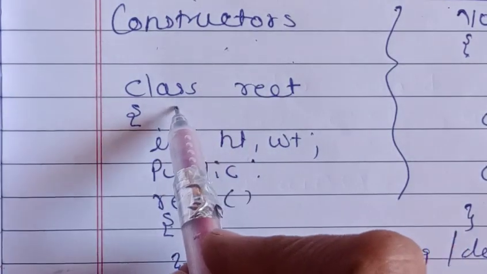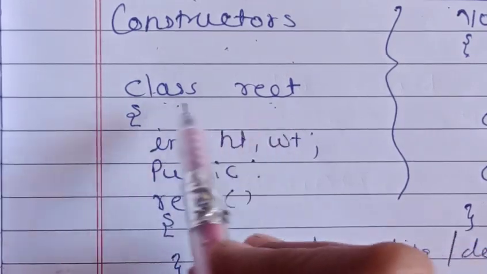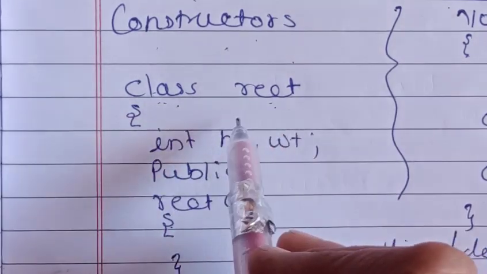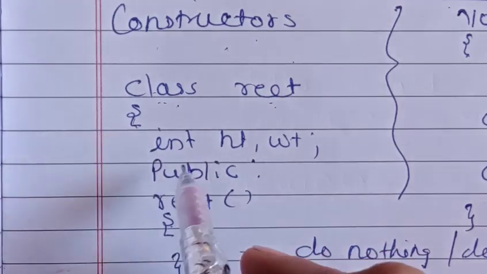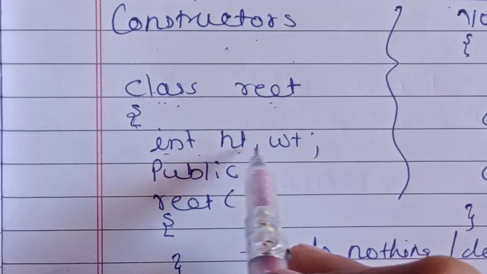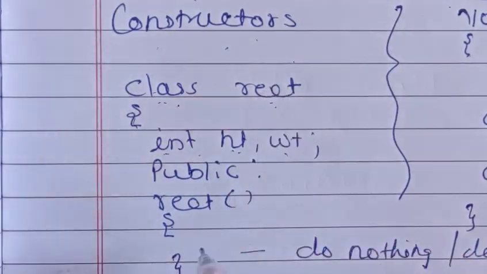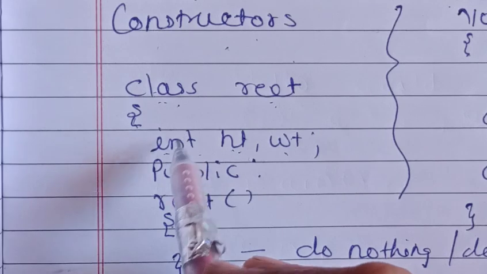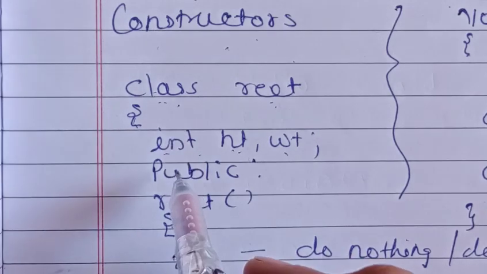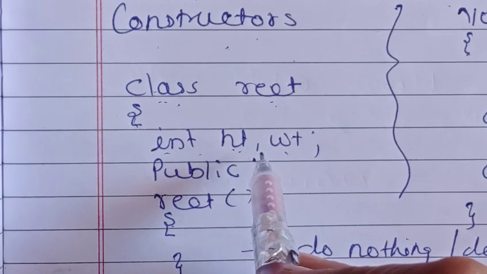Now for example I am taking here one class, rect. This is the class keyword, and rect, this is the way to define a class. Open curly brace. Then here we are taking two variables, int ht and wt, for the height and width of a rectangle. As I am not specifying the access specifier, it will be private by default.